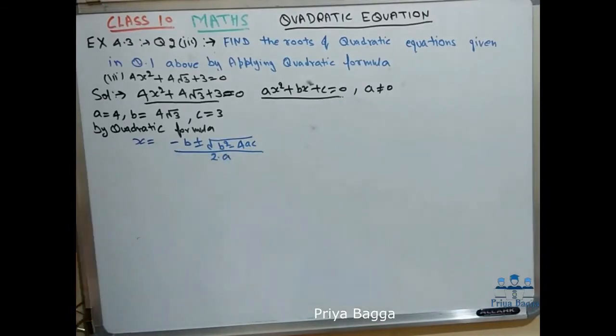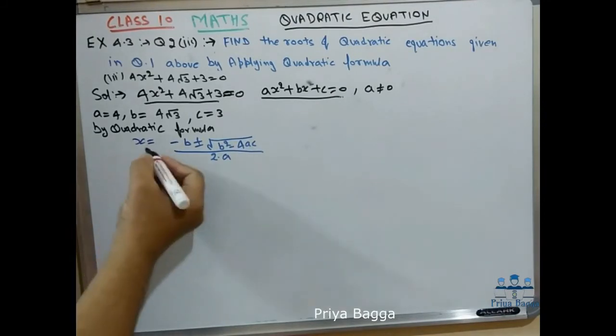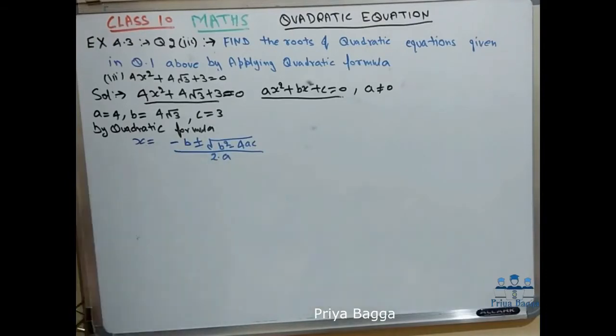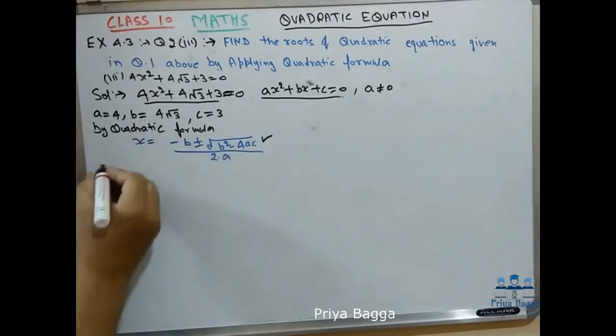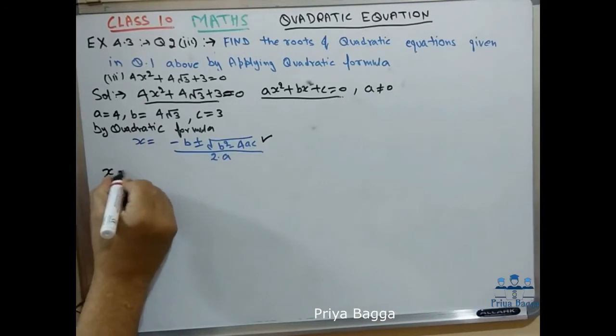So this is the quadratic formula, and if we want to find out the value of x, we have to substitute the value of a, b and c in this quadratic formula. Basically this is called the quadratic formula. Now by using this we can find out the value of x.